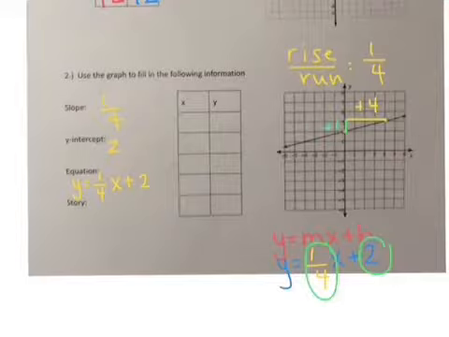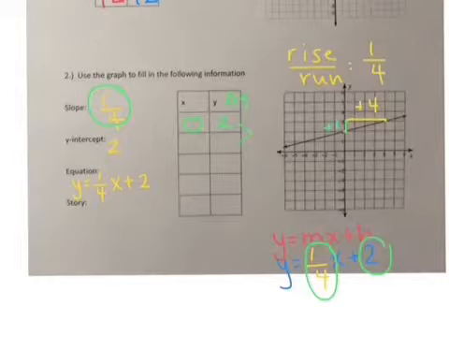So that's the story. Then for your table, your XY table, for this one, always start with that y-intercept. So we know that our y-intercept was 2, and when we have our y-intercept, our x has to be 0. And then our rise over our run, remember, was 1/4. So the 1 is our rise. Our rise is our change in y.